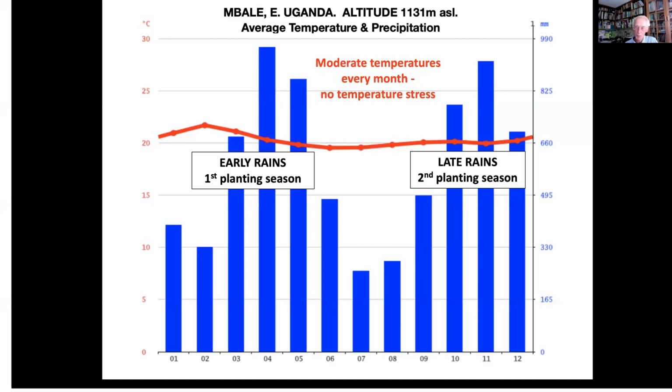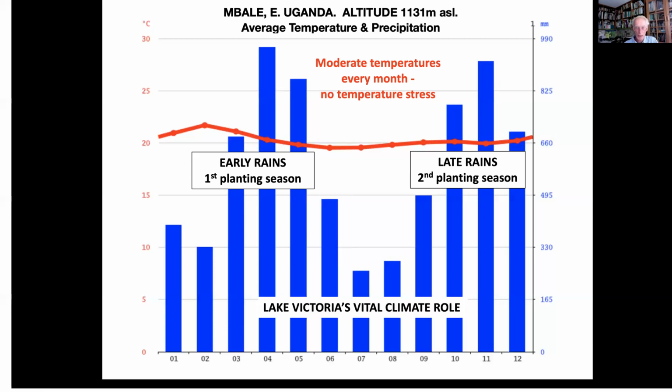And that's important because when we talk about deciduous trees, and that means they lose their leaves when there's a water stress or a temperature stress, in the equatorial region of Uganda, you don't get that stress. And when trees are called deciduous, they are in fact semi-deciduous because they only have to lose a few leaves when there is less moisture available than in the two rainy seasons.